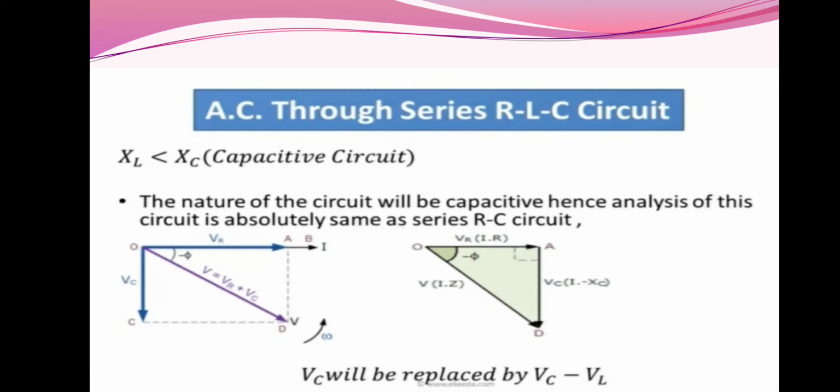Second condition, if XC is greater than XL, XC is greater than XL means VC is greater than VL. So in this condition, when XC is greater than XL or VC is greater than VL, the magnitude will be shown in downward direction, that is VC minus VL. So here we have taken VC minus VL in downward direction.